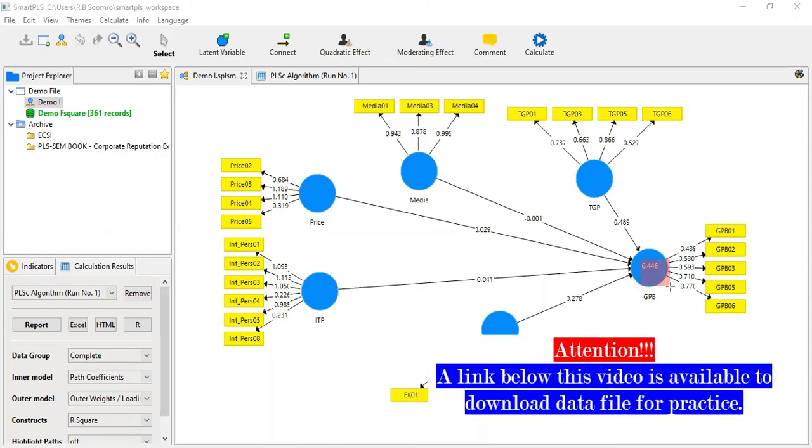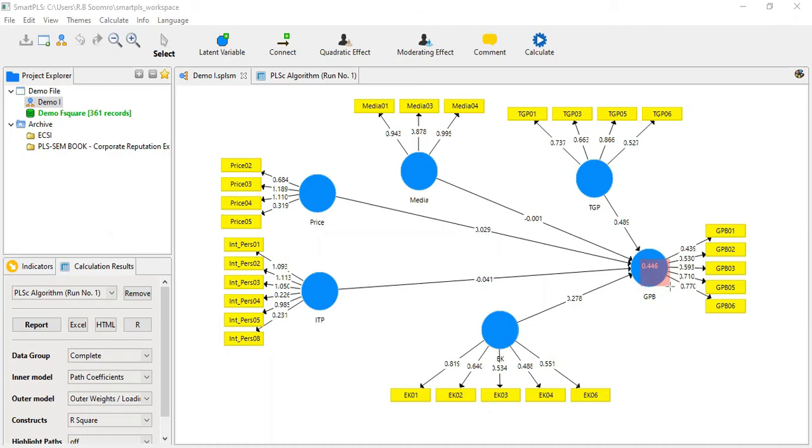If we include more variables in the model, then probably the R square may increase from 0.446 to the next level.